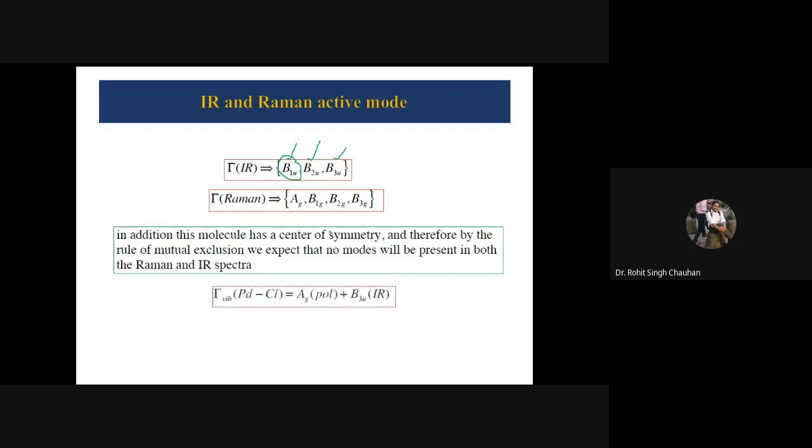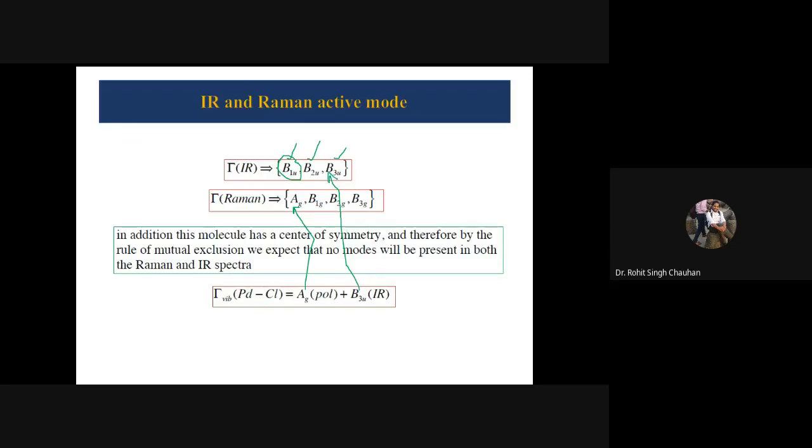Now see. So you calculated that for PDCL, the vibration, tau vibration, is AG plus B3U. Now see, where is AG? AG is present in front of Raman according to the character table, right? And B3U is present in IR.